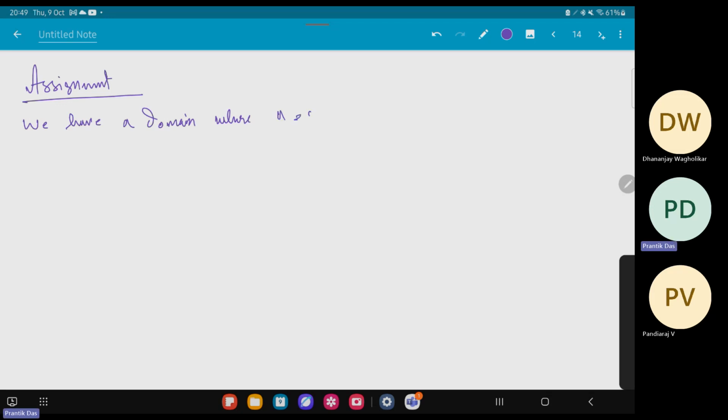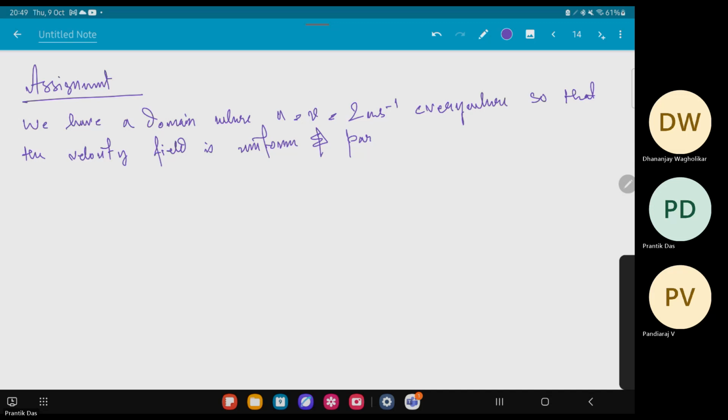So U equals V equals 2 meter per second everywhere, so that the velocity field is uniform. The velocity field is not a function of x and y. The sole purpose of assuming it is to make it simple, uniform and parallel to the diagonal.